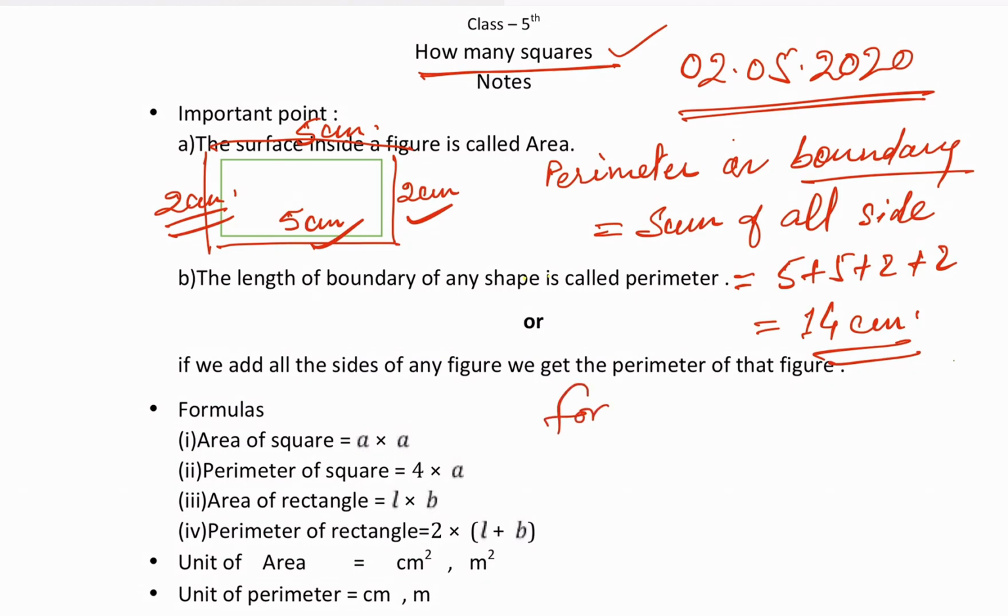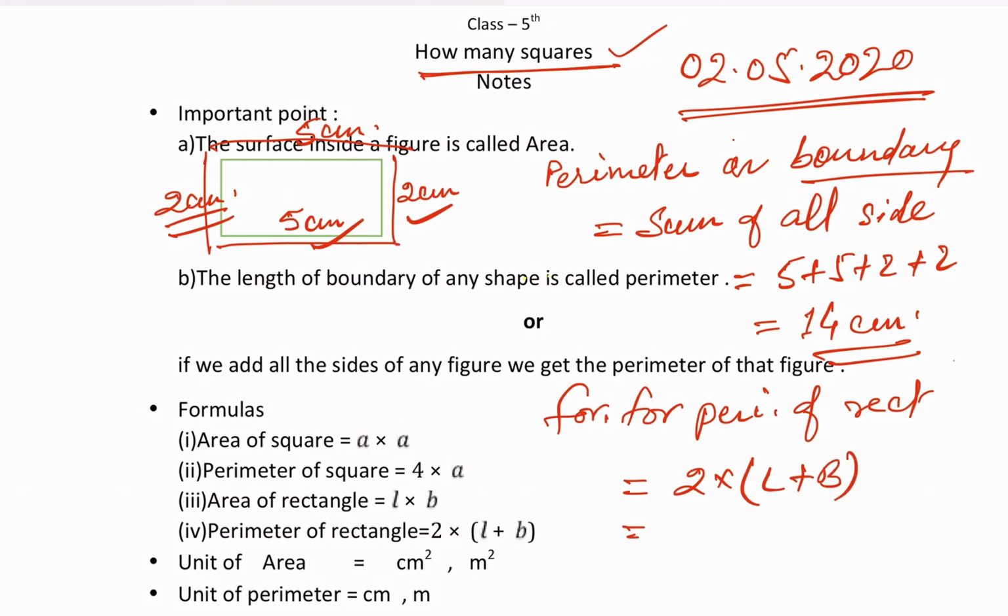Formula for perimeter of a rectangle is 2 into (length plus breadth) equals 2 into (5 plus 2) equals 2 into 7 equals 14 centimeter.